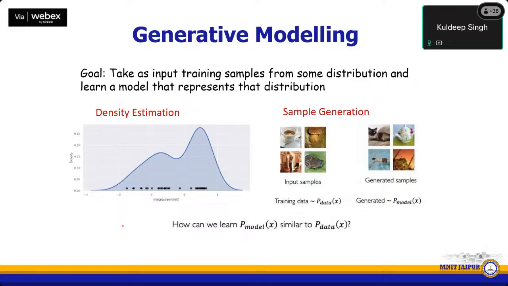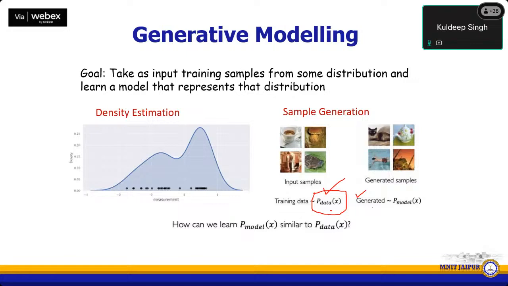This kind of setting can be helpful in generation of samples, whether it is generation of images, text data, or audio data. The idea is during the training process, we try to establish the distribution of the input samples, and once we learn this distribution, we can generate data which belongs to this particular probabilistic distribution.